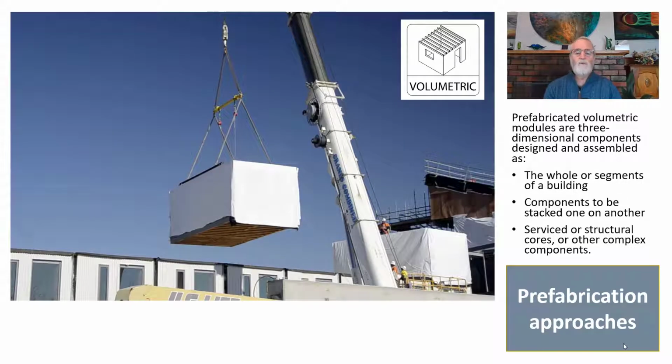So if we look at what each one of those might look like, prefabricated volumetric modules are three-dimensional components designed and assembled as the whole or segments of a building. They're components to be stacked one on top of another, and they can be services or structural cores or other complex components. So they could be an envelope component, they could be a stair component.